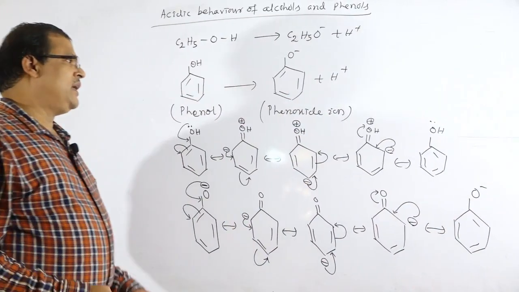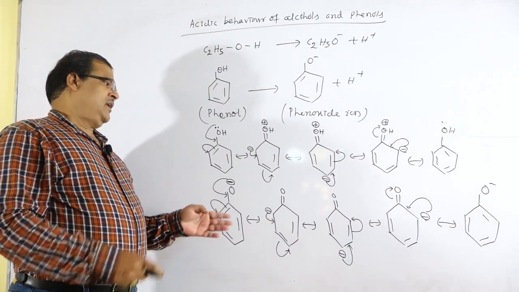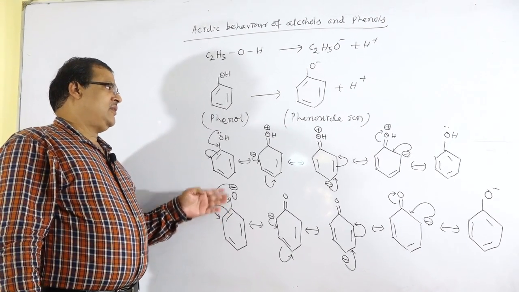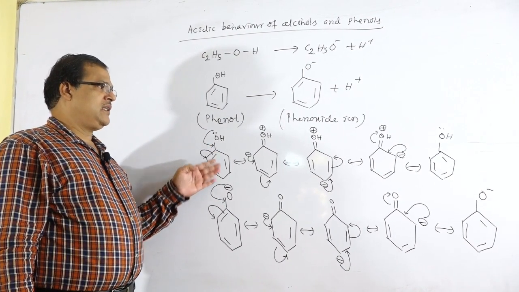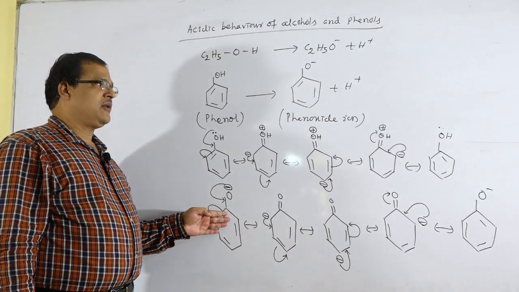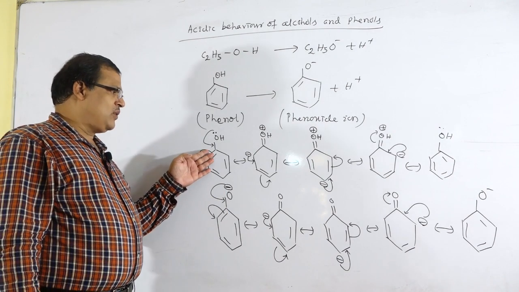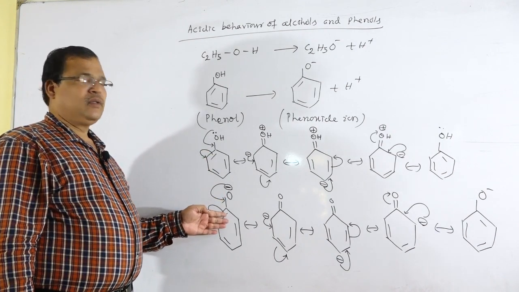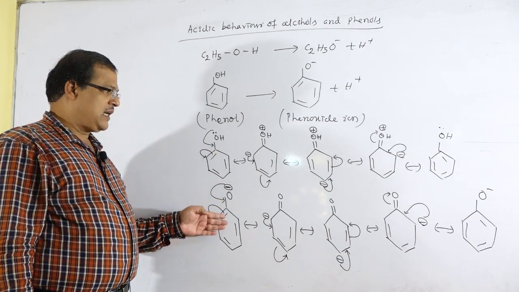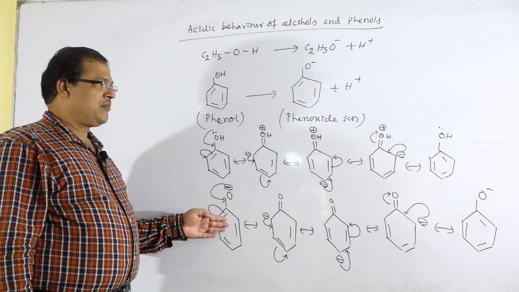So these are the resonating structures for the phenoxide ion. They are the resonating structures for phenol and for phenoxide ion. We have to compare whether phenol is stable or phenoxide ion is stable.